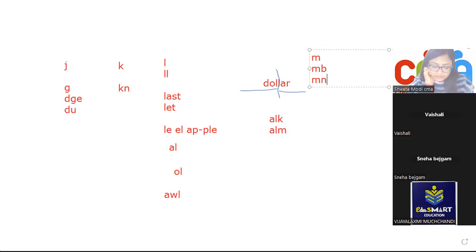Limb. L-I-M-B. Mostly it will be silent. B is silent, right? We have done so many words, like in the word climb. Now, yesterday only I told you that whenever you have a silent letter, if you add any suffix to it, that silent letter starts speaking. So when you write climber, it starts giving the sound.